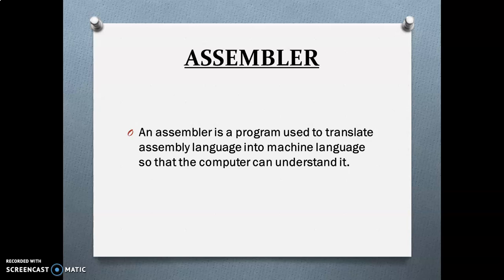If you want to find out the multiplication of 2 numbers, you will use the mnemonic code as product, P-R-O-D-U-C-T. So what does the assembler do? Assembler actually converts the assembly language into machine language so that the computer can understand it.